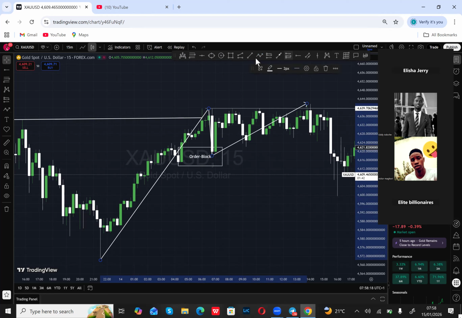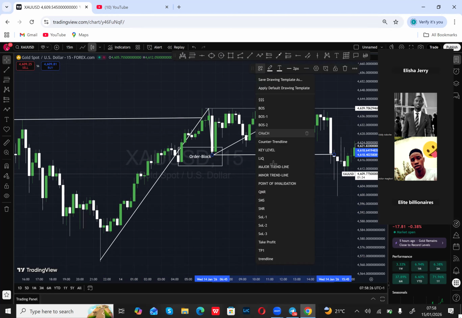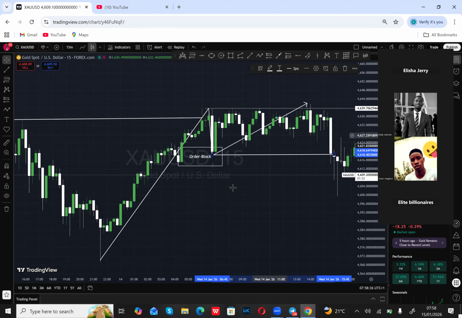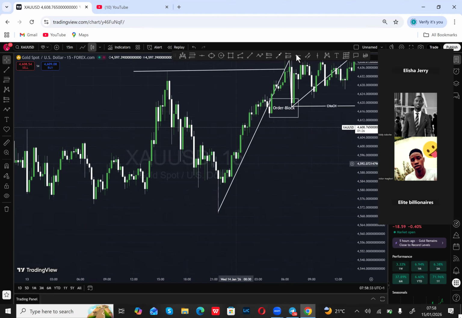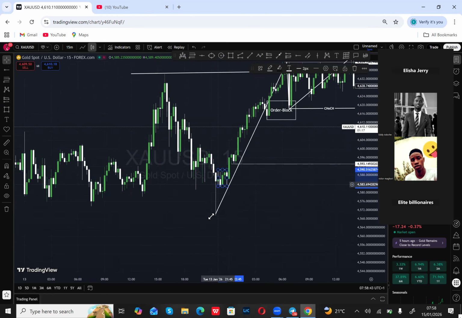So this is where we now have a change of character, to now be expecting sells to an internal range liquidity. If we are looking at buying from a zone, then it should be this zone here, right? Remember I said because of this wick, we take it as a point of invalidation.